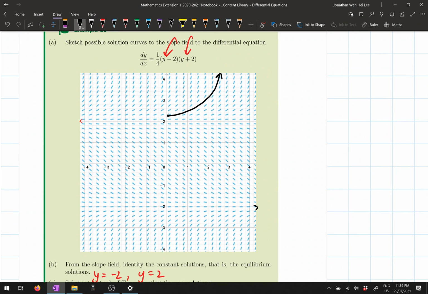If you have a solution, however, let's pick a solution between negative 2 and 2. If you have a look at any solution between negative 2 and 2, what you'll notice is that it starts and moves towards negative 2. If I started at 0, for example, we move towards negative 2. Everything between negative 2 and 2, even if I go towards here, moves towards that solution.